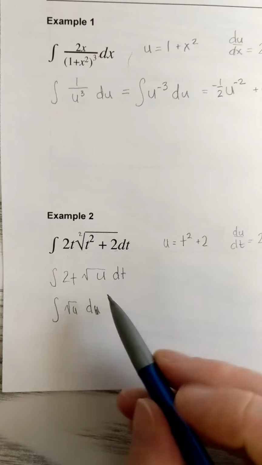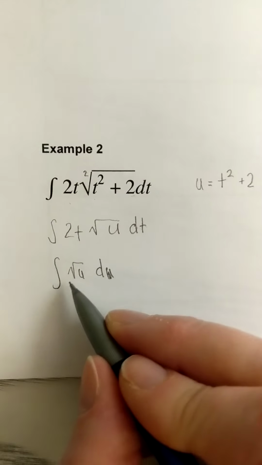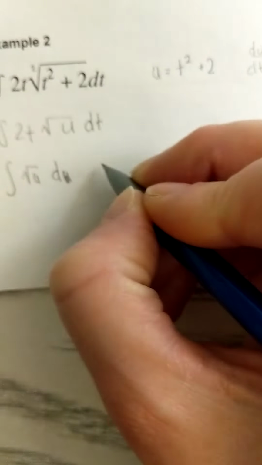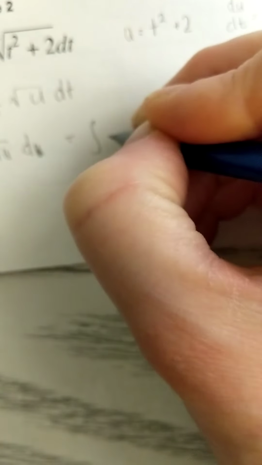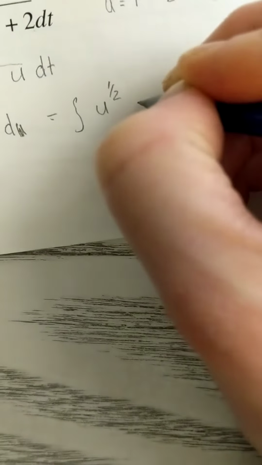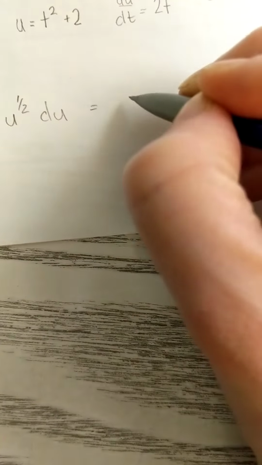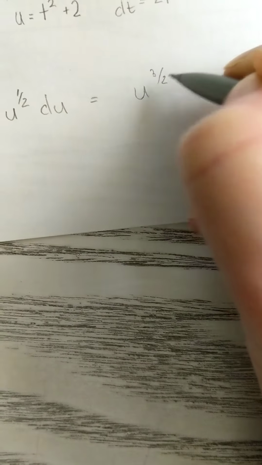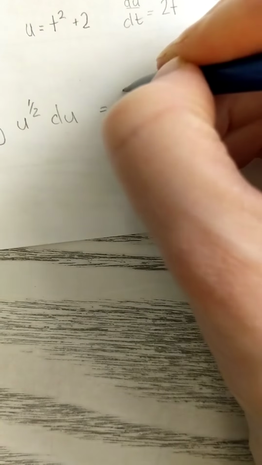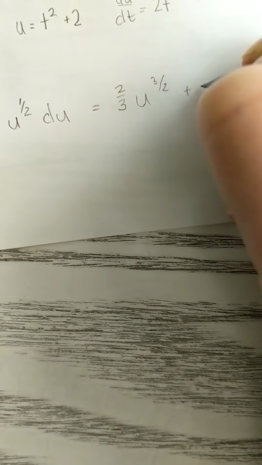Okay. And I know the square root of something is the expression to the 1/2 power. So now I have the integral of u to the 1/2 du. So 1/2 plus 1 is 3/2, so I get u to the 3/2. I take the reciprocal, that's 2/3, plus c.